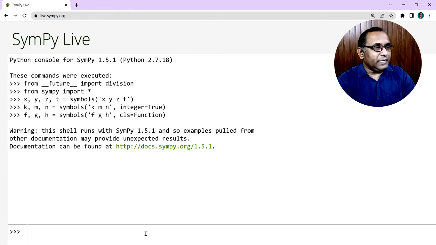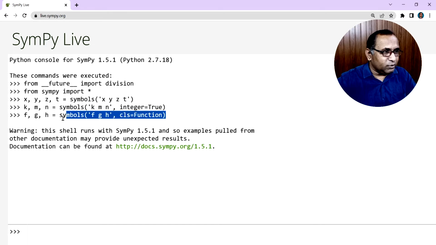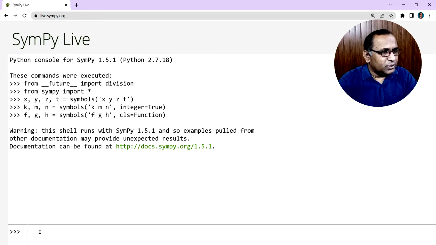So in the beginning we need to create symbols, which is quite simple. Of course you can see here symbols are already created in the live mode. So here we need not create symbols, but whenever we are using the SymPy library in Python, in that case we have to create them. But in the live mode all the symbols are already created here.